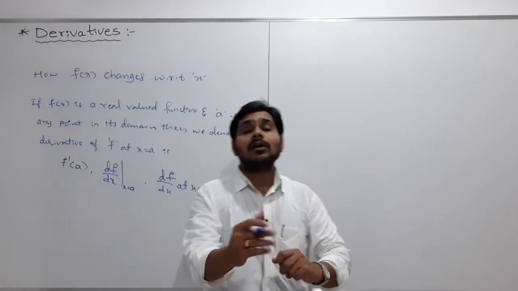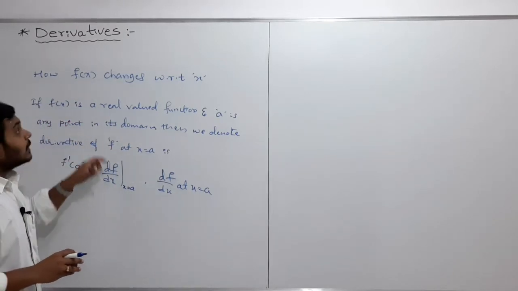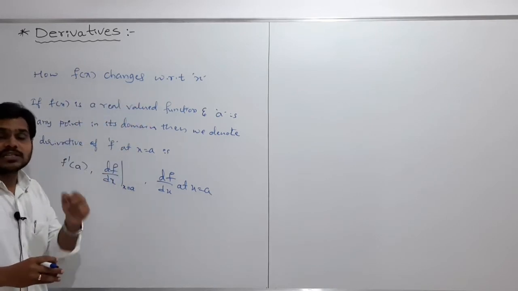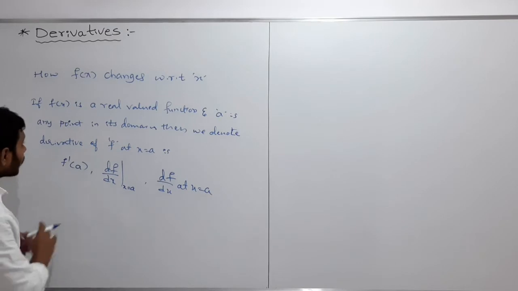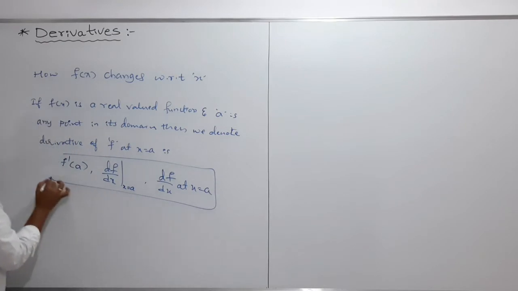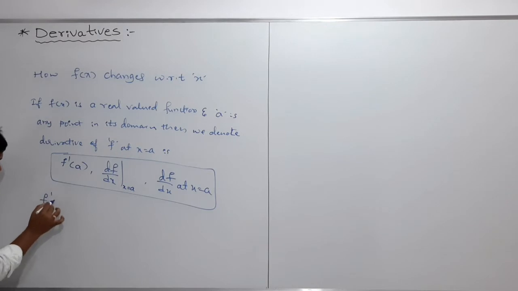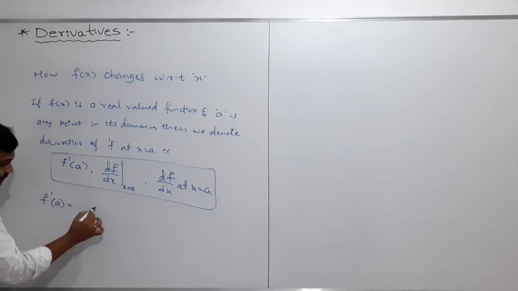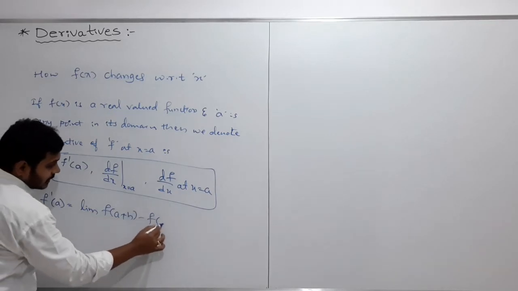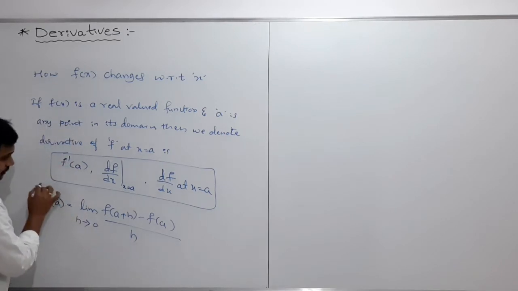Is it understood? Now, what I told here is that in the derivative concept we are calculating how the function f of x changes with respect to x. Clear? Then we write the definition. We denote f dash of a equals the limit of f of a plus h minus f of a, whole divided by h, as h tends to 0.